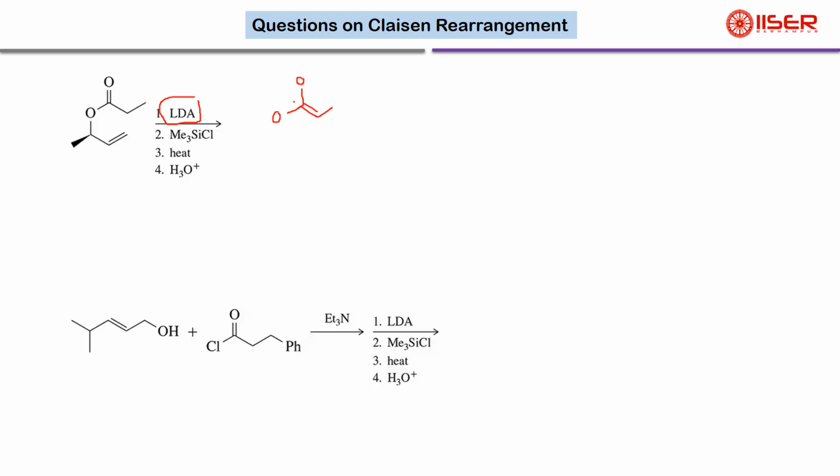So if we just give a numbering, it will form an E-enolate.